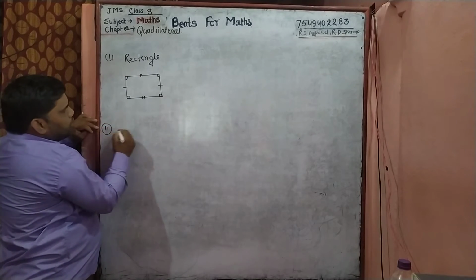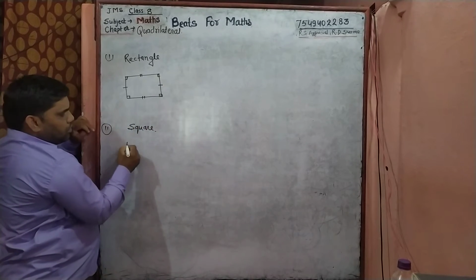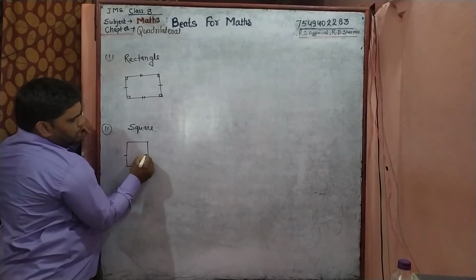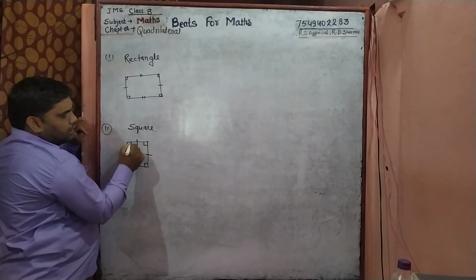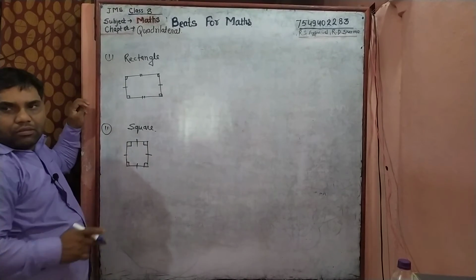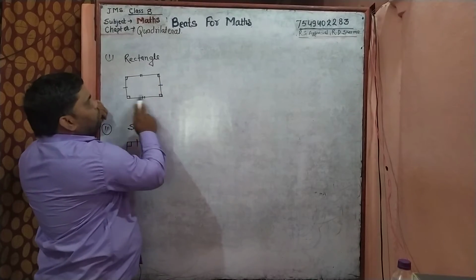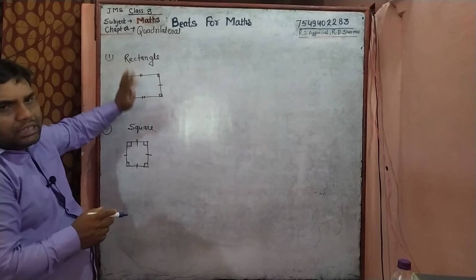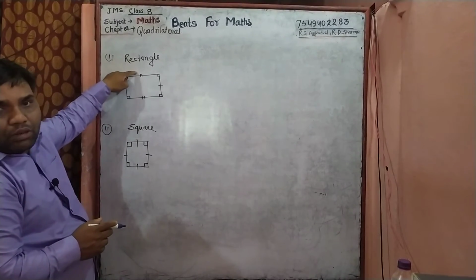And next we have square. Square is the quadrilateral whose all sides are equal and each angle measures 90 degrees. All the four sides are equal. In a rectangle, only opposite sides are equal, which means this side does not need to be equal to this side.